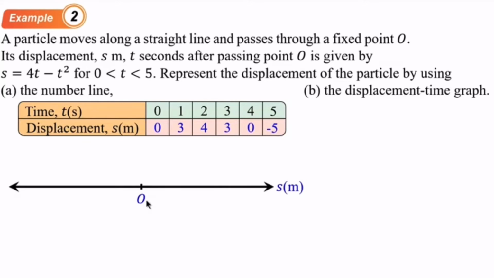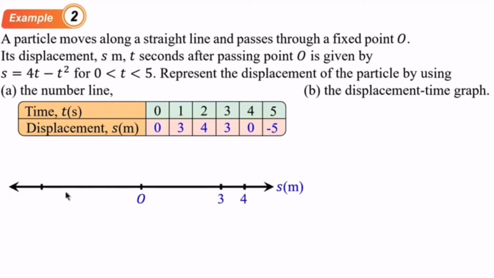So we are going to draw a straight line, because this is moving along a straight line. Let's see, we notice that at t equal to 1 and 3, the particle is at the same place. So let's label the 3 first. At t equal to 4, the particle goes back to the fixed point.